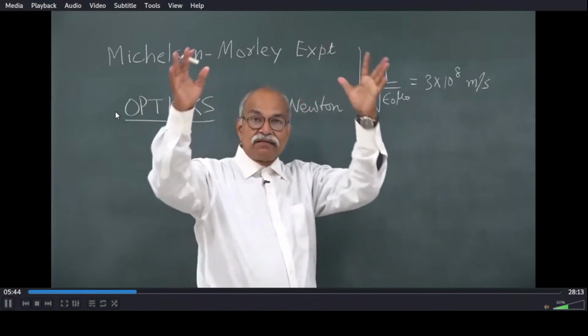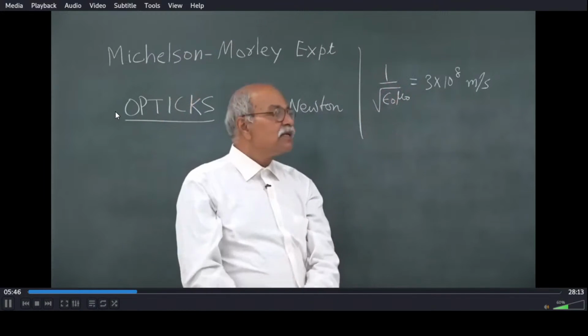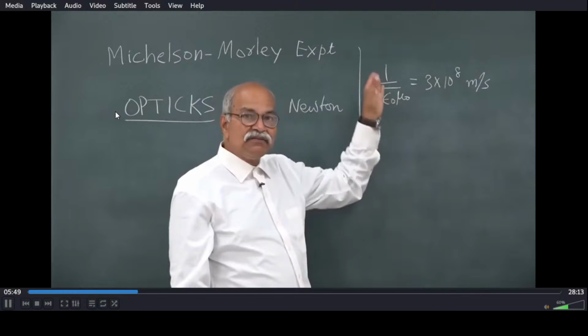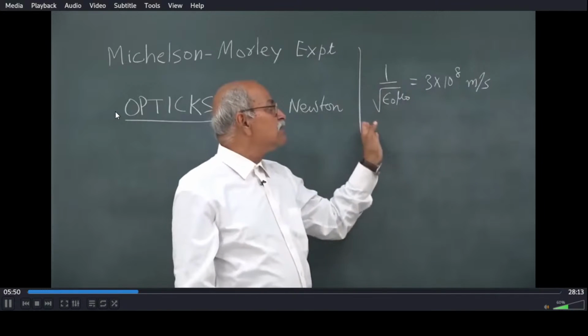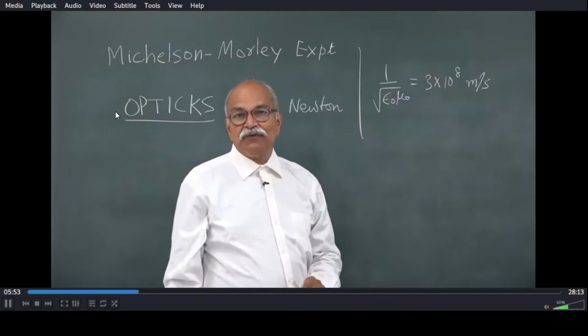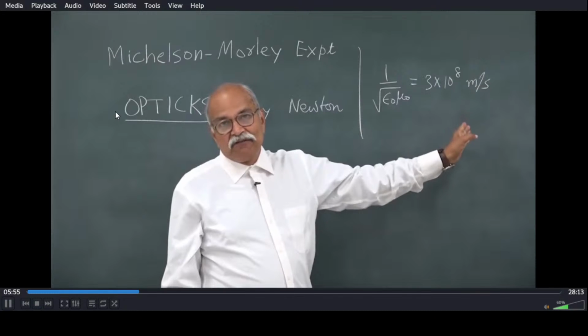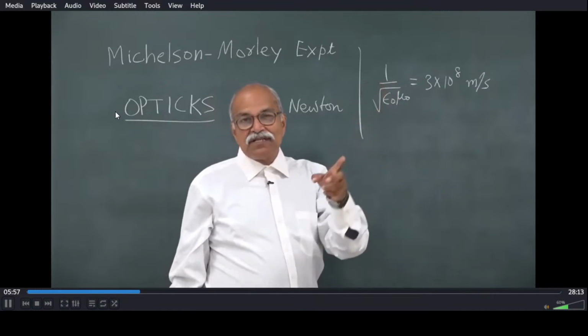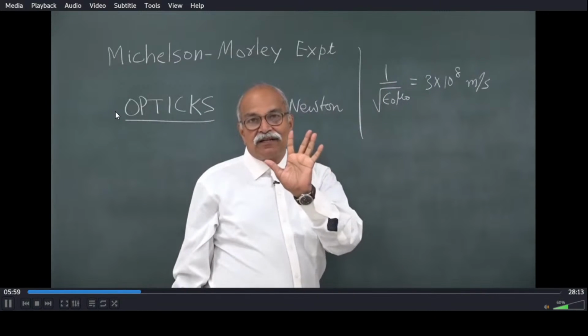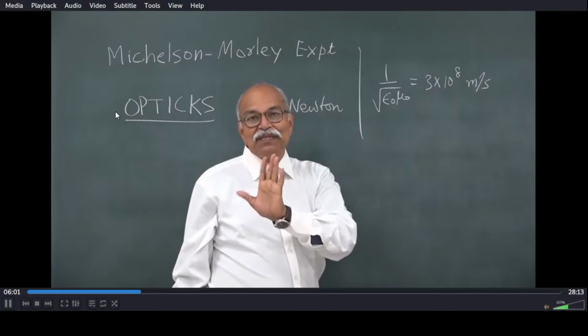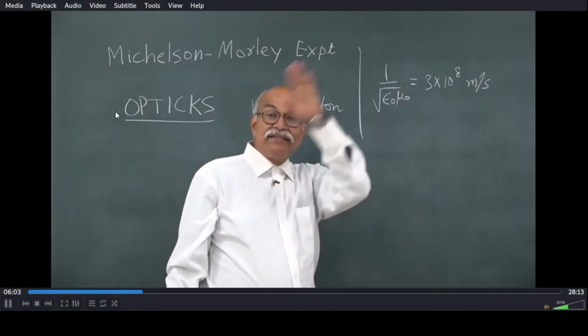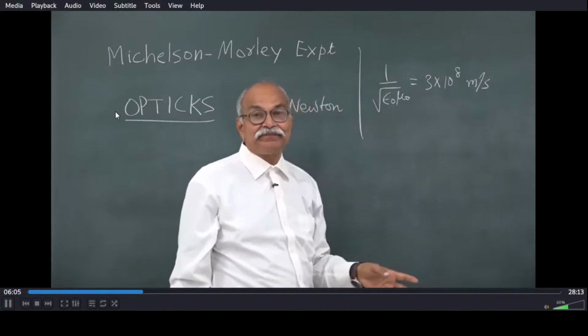You do an electricity magnetism experiment, get the value of epsilon naught, get the value of mu naught, and then calculate this, and it turns out to be this, which is very close to speed of light. And this establishes that there is some close relation between light and electricity and magnetism.